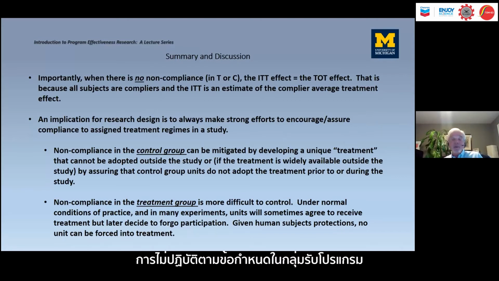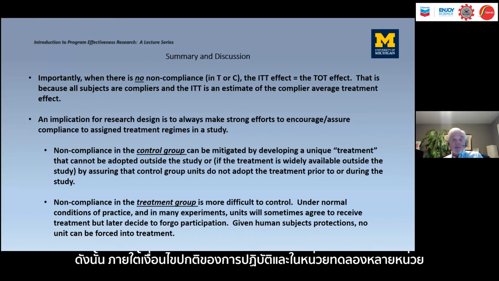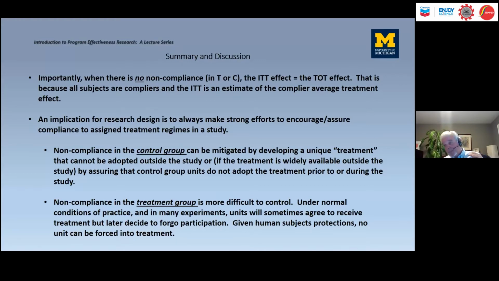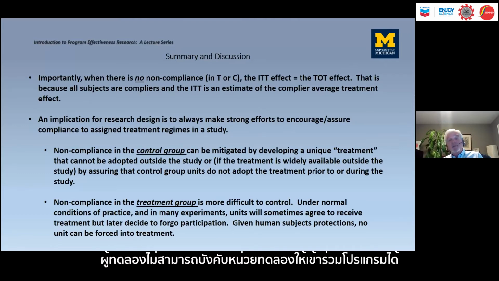Non-compliance in the treatment group is a bit more difficult to control. Under normal conditions of practice and in many experiments, units sometimes agree to receive treatment and then later on decide, nope, I don't want treatment. Given human subjects protections, an experimenter cannot force a unit into treatment.